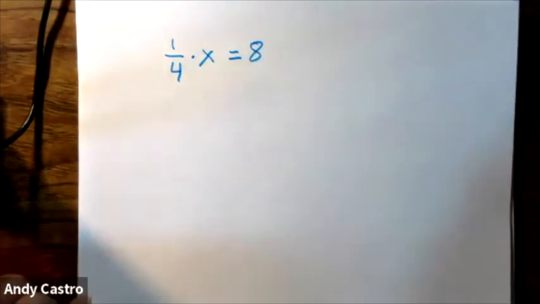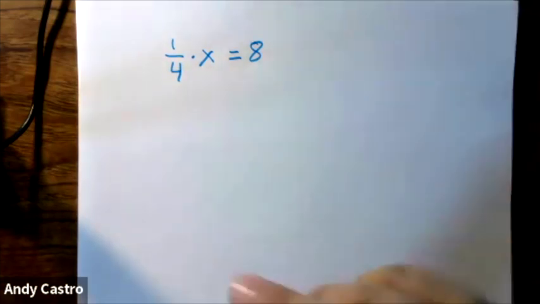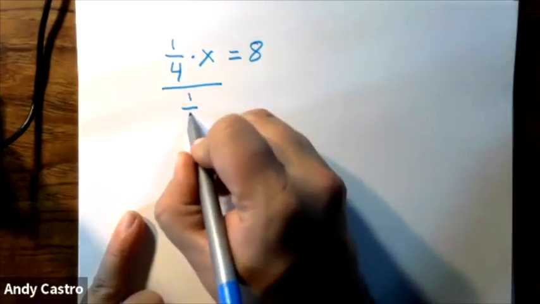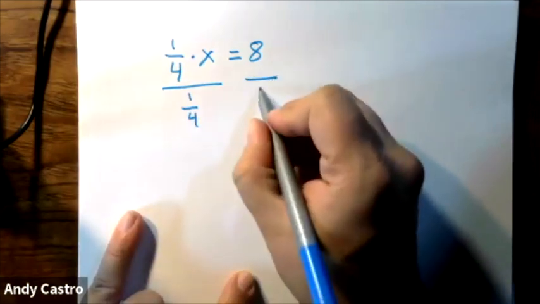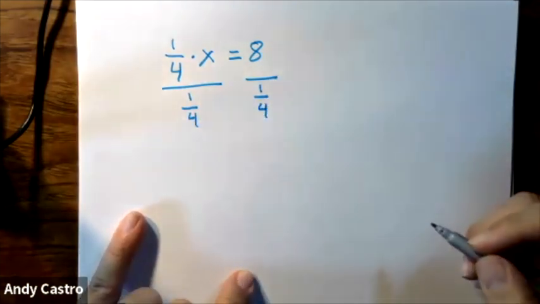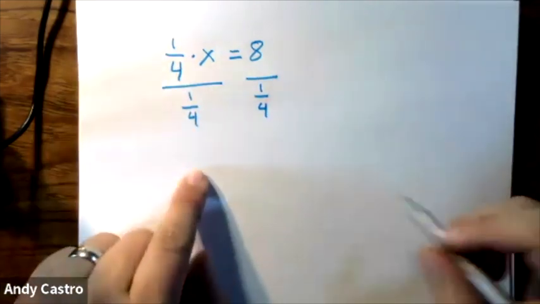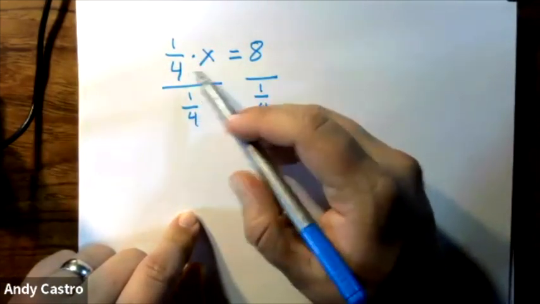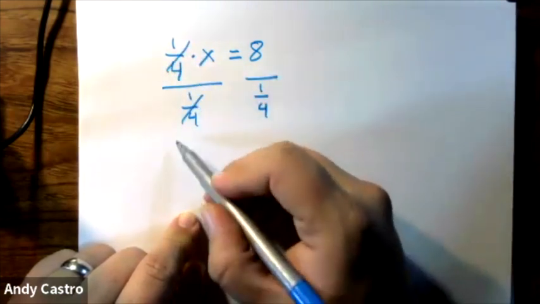Since I can add or subtract, multiply, or divide anything I want on both sides of the equation, here I can divide. I'll divide by the fourth. So 1/4 divided by 1/4 is 1, times x is just x.